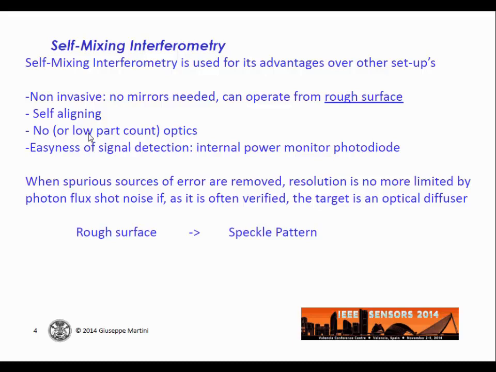It can operate from rough surfaces, and this is a key point. It's self-aligning. It requires a very low part count in optics, and signal detection is very easy. You can use as the detector the internal power monitor photodiode, for example.